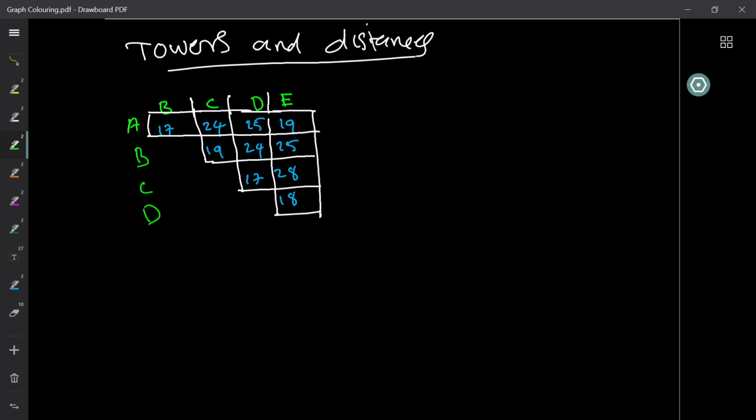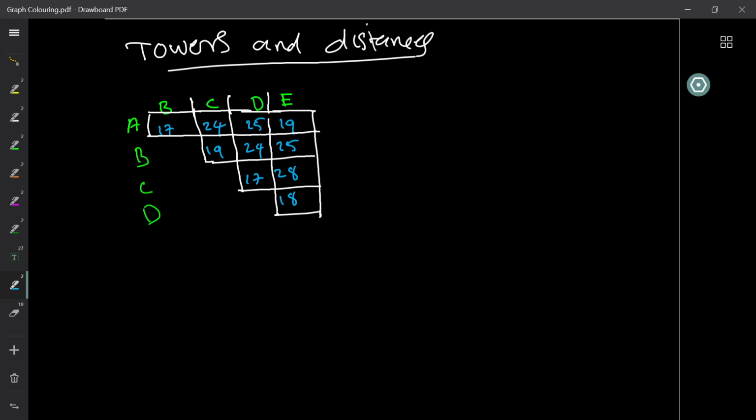Now, given this information, what do you do? How do you solve the previous question? Of course, since we are working with graph theory, we are going to define a graph based on this information, and this will tell you what to do with it. So in this example, one can see that there will be interference between towers only if the distance is less than 20 kilometers.